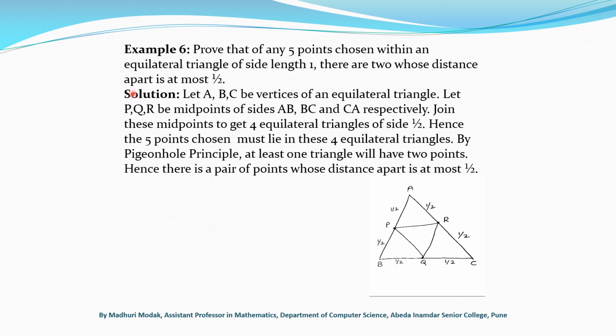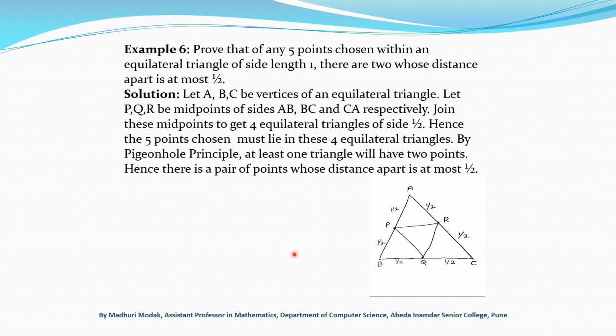First we consider A, B, C as vertices of that equilateral triangle. As shown in the figure, here we have drawn one equilateral triangle ABC. Now we consider the midpoints. We consider P, Q, R as midpoints of AB, BC, CA respectively. As each is a midpoint, it divides each side into two equal parts.